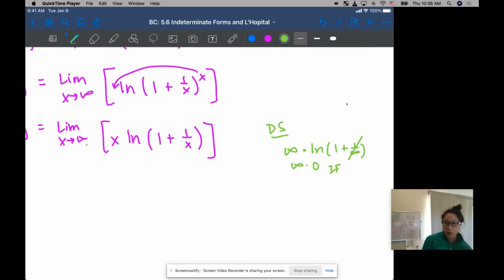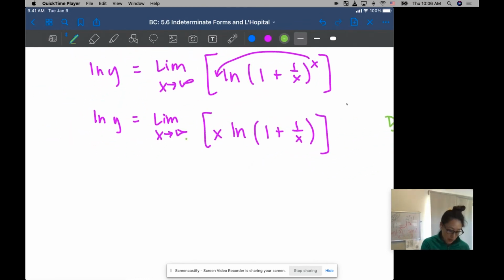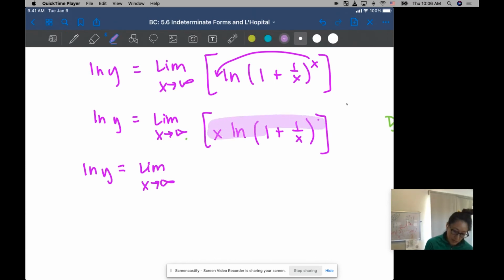So we know that we can apply L'Hopital, but we need to get this into a fractional form. So what we'll do is bring down the ln y, and I'm going to write my limit as x approaches infinity. So I need to change what's inside into a fraction.